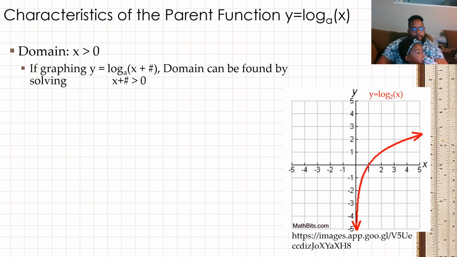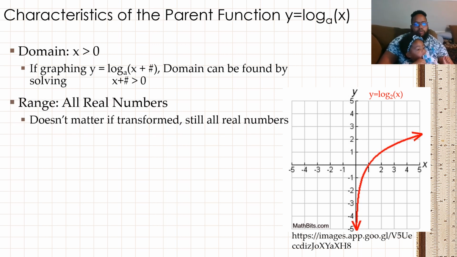If you're graphing something with a horizontal transformation, you're going to have to solve the inside of that parentheses. So if you have x plus something or x minus something, you're going to take whatever is in that parentheses, make it greater than 0, and solve for x.